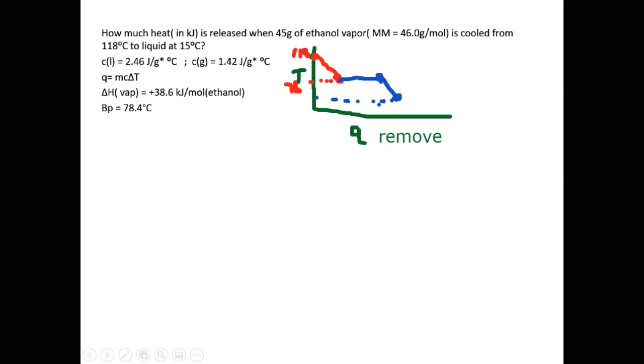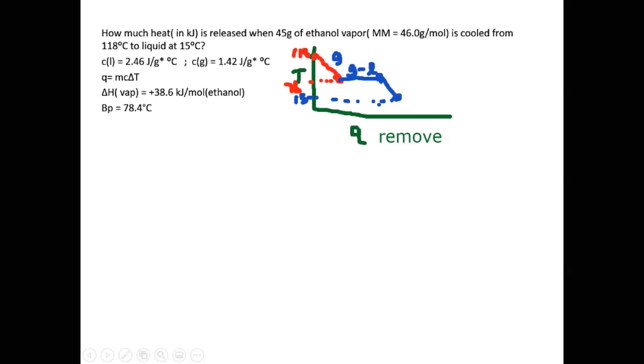Here on the graph we have three different regions. In the top region, from 118 to 78, we're in the gaseous phase. But at 78 degrees, we're going from a gas to a liquid.